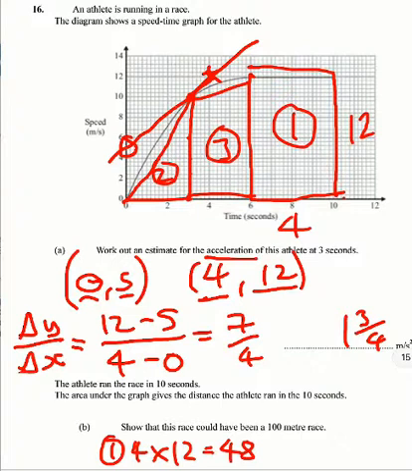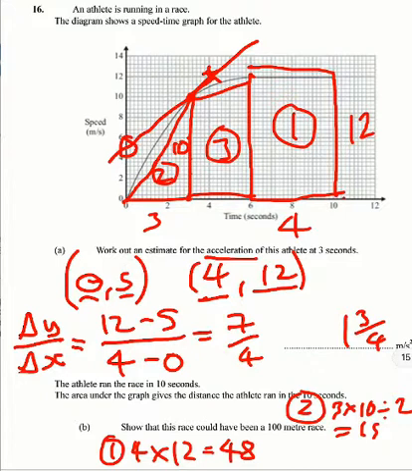So the triangle 2 has a base of 3 and a height of around 10, I would say. So the triangle 2 will be 3 times 10, base times height divided by 2, and that will give you 15 meters squared.